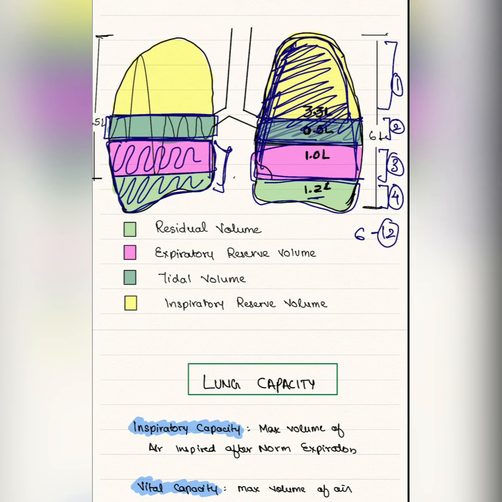The value varies from 1.2 to 1.5, giving about 4.8 liters. So this is the amount of air that can be added to the lung by forceful inspiration and exhaled by forceful expiration.